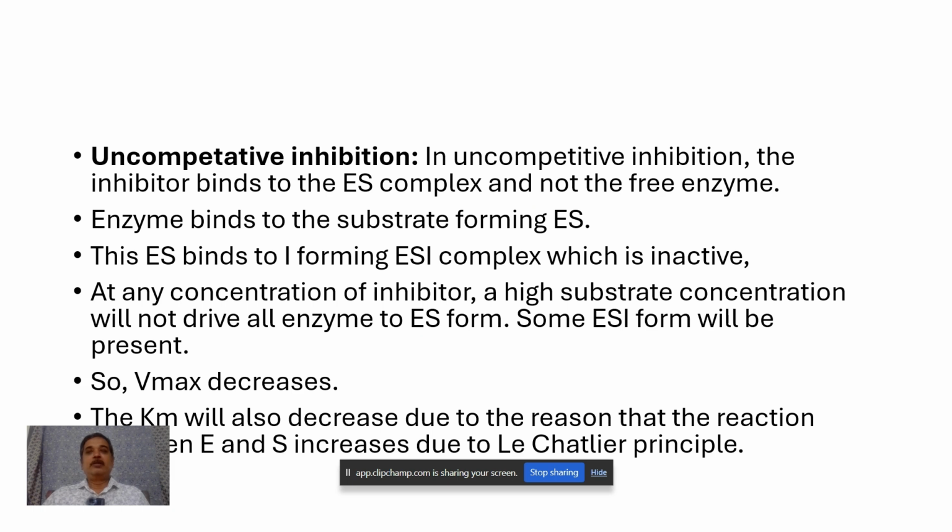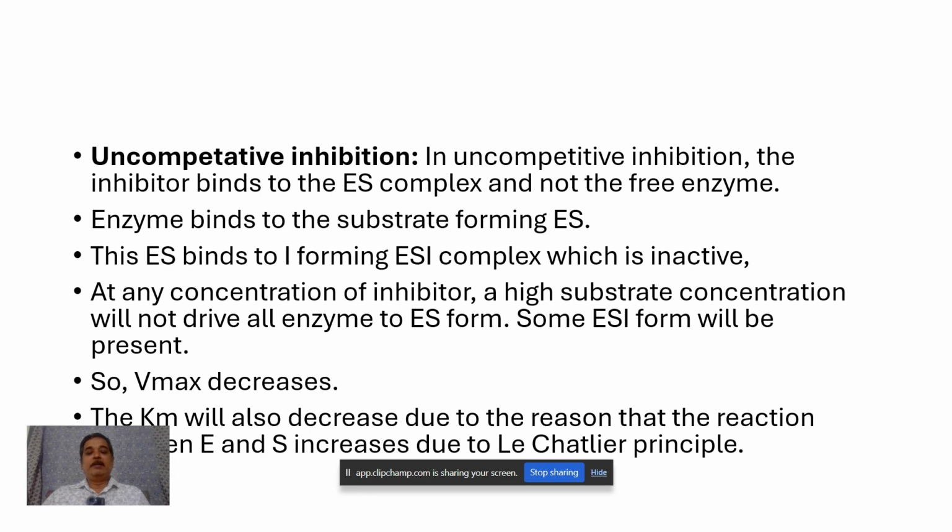principle. So you might have studied about Le Chatelier principle in chemistry. That when a constraint is applied on a system at equilibrium, the system will change in such a manner so as to cancel the effect of this change.